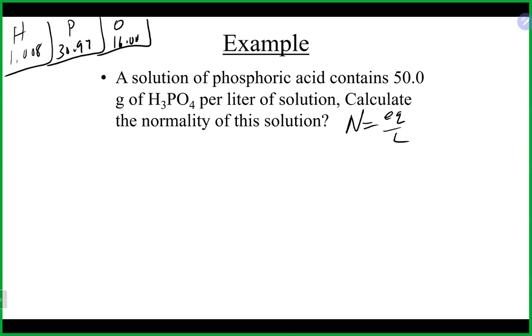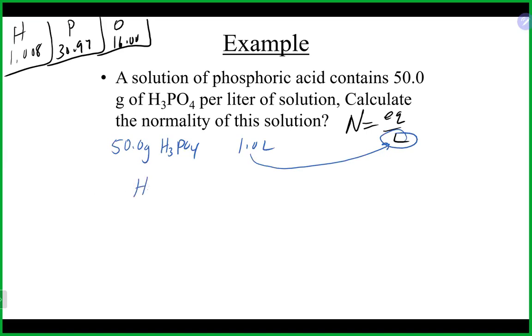We are looking for normality, which is equivalents per liter. We got 50 grams of phosphoric acid in 1 liter of solution. So really, we kind of have the bottom part there, which is 1 liter. So we do need equivalents, and we can get equivalents from the formula.